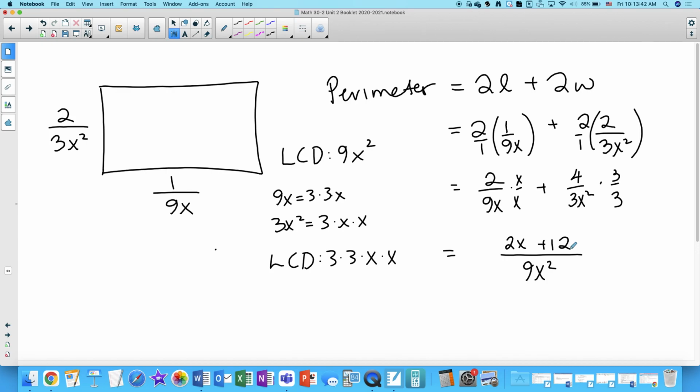Now, the other thing I want to talk about is non-permissible values, because when you're talking about an application, it's very similar to applications of relations and functions. If you're talking about any linear function, a straight line, the domain and range are everything. X can be anything.